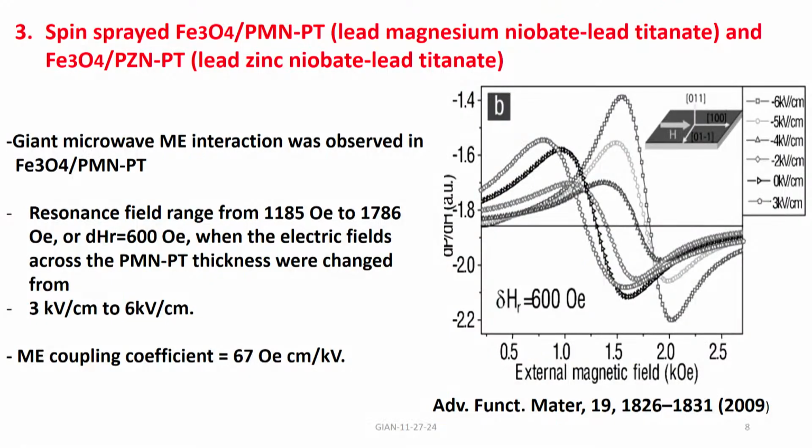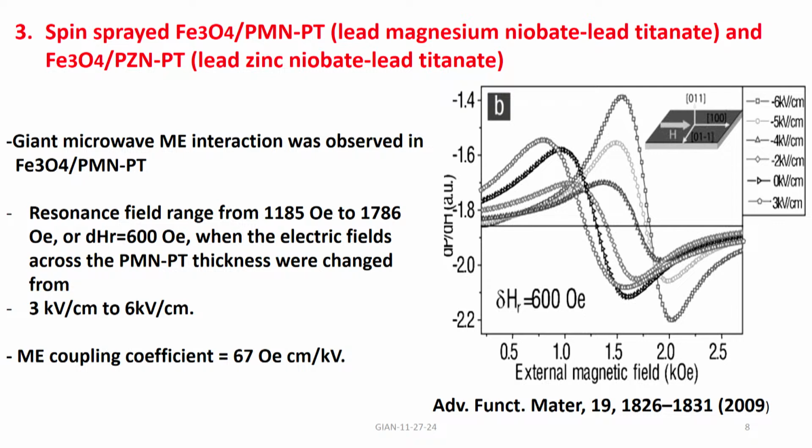And this is magnetite Fe3O4 spin spray film on PMN-PT, and the next one will be on PZN-PT, lead zinc niobate, lead titanate. Once again, the converse magnetoelectric effect was studied with electric field tuning of ferromagnetic resonance, and the profiles are shown here, and there is a shift in the resonance field with the application of the electric field.